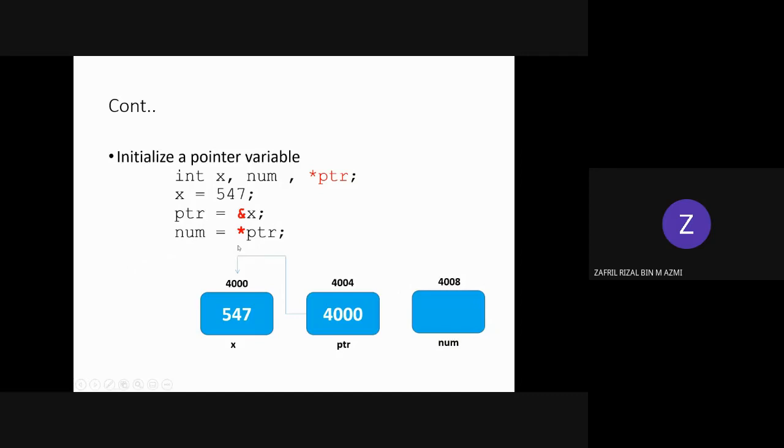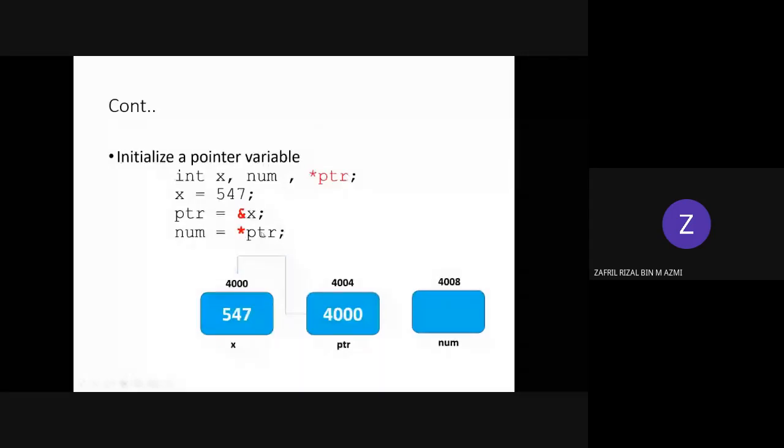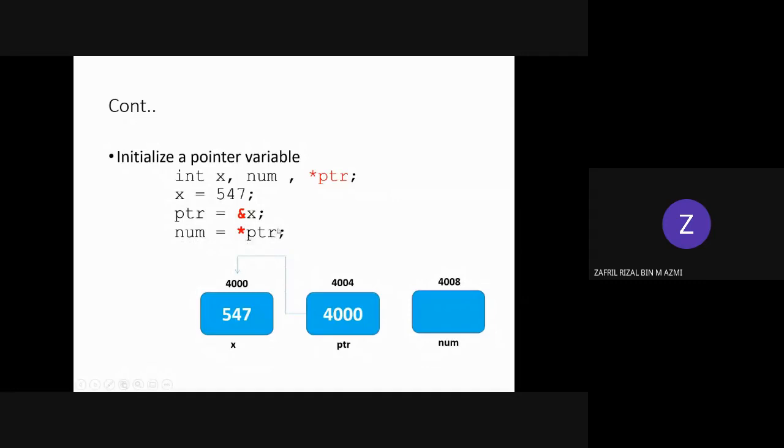Correct. Because if you put star, it means you want to access the real value pointed to by PTR. So PTR points to X, and the real value of X is 547. So num equal to *PTR means we are extracting the real value of X, not the address. So it will give you 547. Understand this?